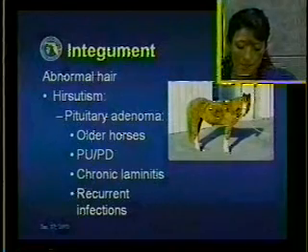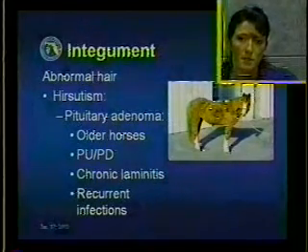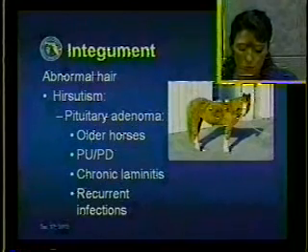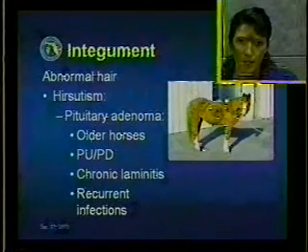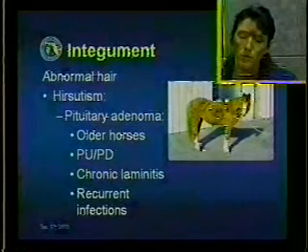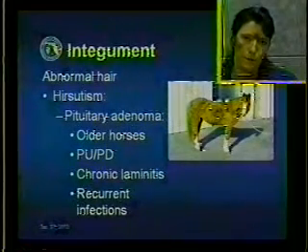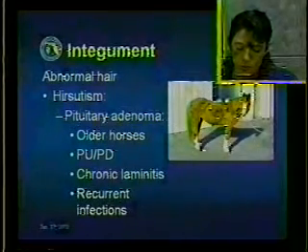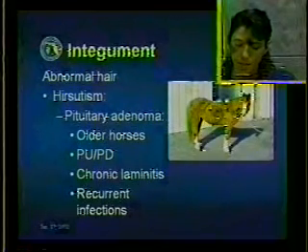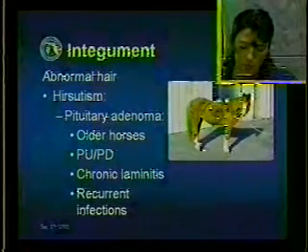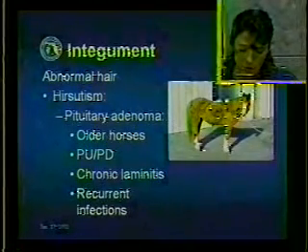As I said, it is very common in older horses and is caused by a benign tumor within the pituitary gland, a pituitary adenoma. This tumor results in abnormal levels of POMC, proopiomelanocortin, which is a precursor of ACTH, and therefore the regulation of cortisol levels in the horse is disturbed.